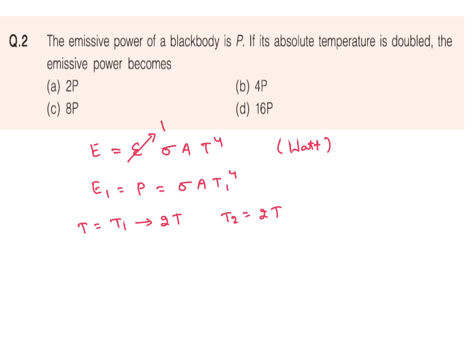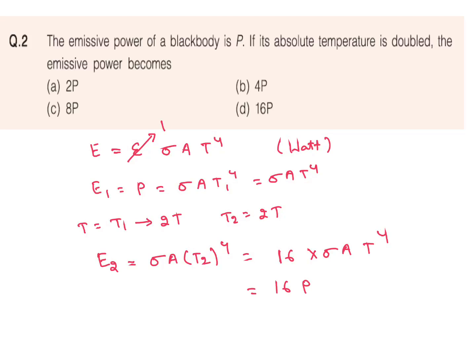So in the second case we calculate the emissive power sigma A T2 to the power 4. T2 value is double of the first one, so 2 to the power 4, 16 into sigma A T to the power 4. Here sigma A T to the power 4 is P, so it's 16P. D is the answer.